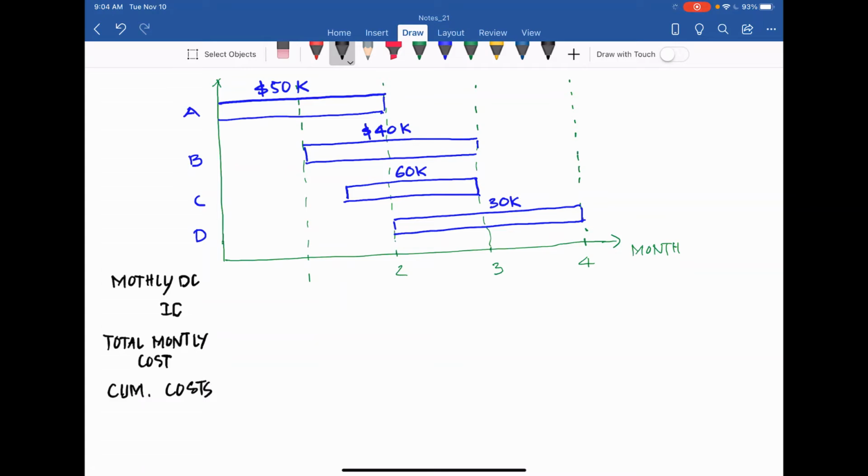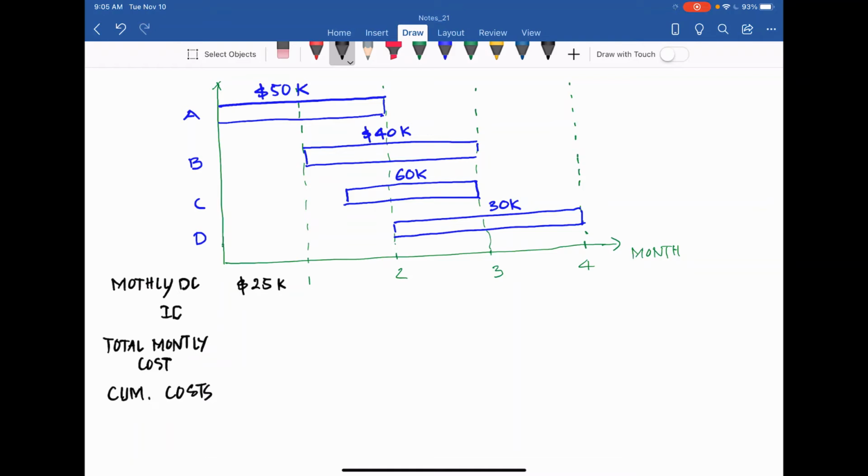The direct cost for A is 50,000 for 2 months, so each month it will be 25,000. The second month we have 25,000 for A, 20,000 for B, and 20,000 for C, because C is 1.5 months and 60,000, so each half month is 20,000.